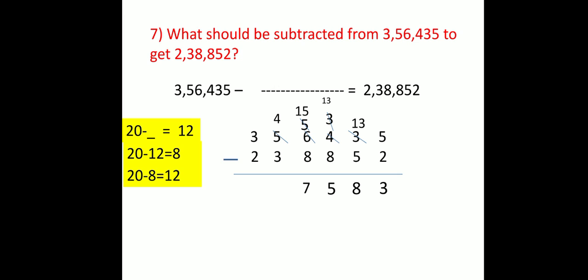How much? Easy. Yes, 1. 4 minus 3 equals 1. And 3 minus 2 also 1. So, 1,17,583. If you subtract this number, then you get the next number.